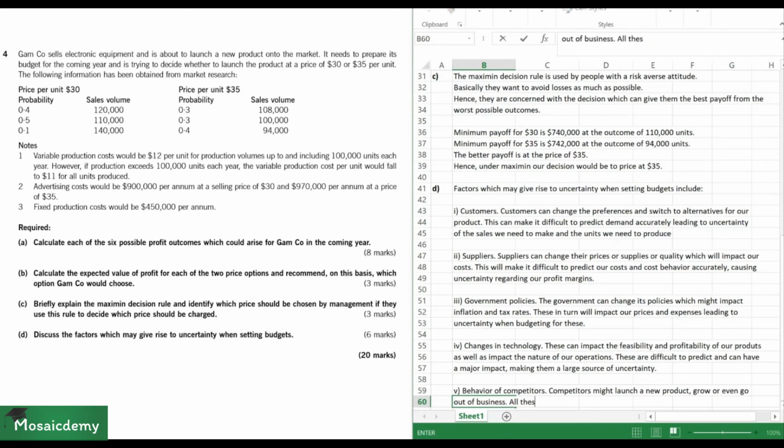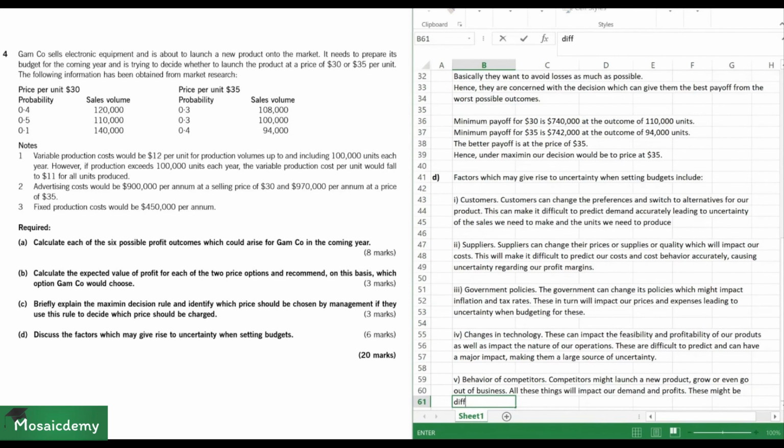All these things will impact our demand and profits. These might be difficult to track and predict, making it a source of uncertainty.